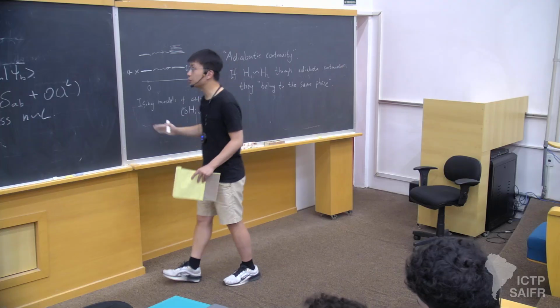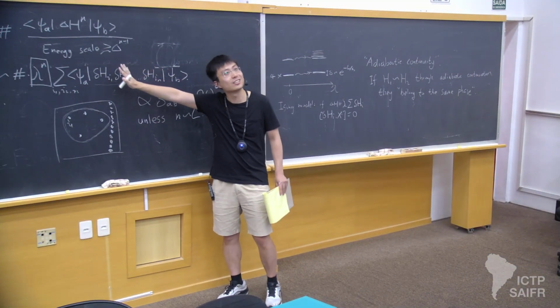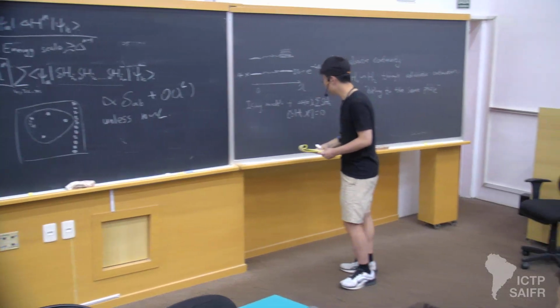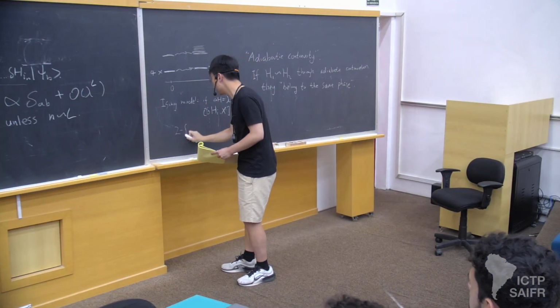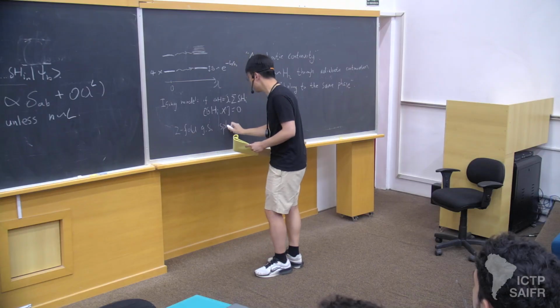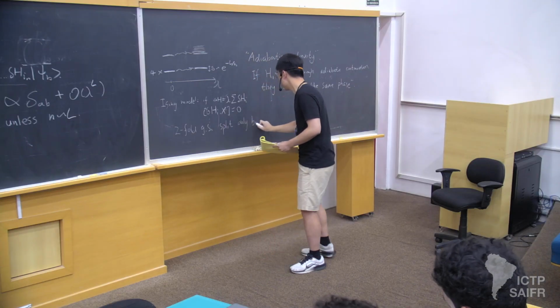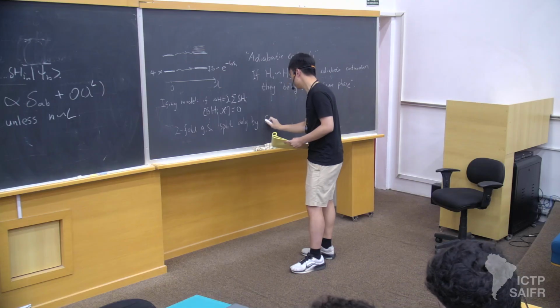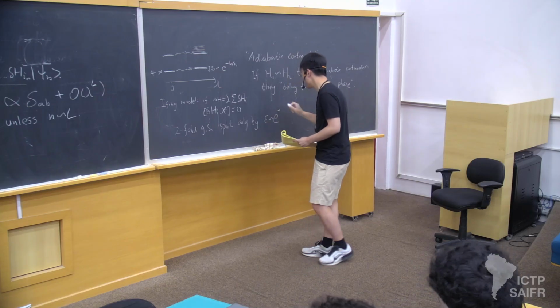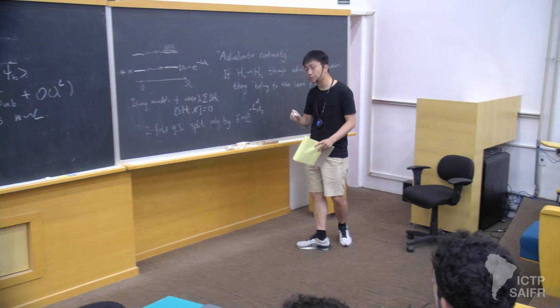Then you can use exactly the same argument here. It's a fun exercise for you to try, to show that this twofold ground state split, again, only by a splitting that's exponentially small in system size, in the volume.